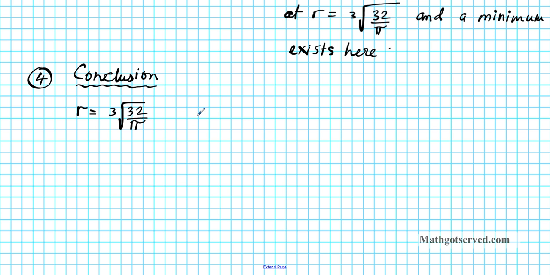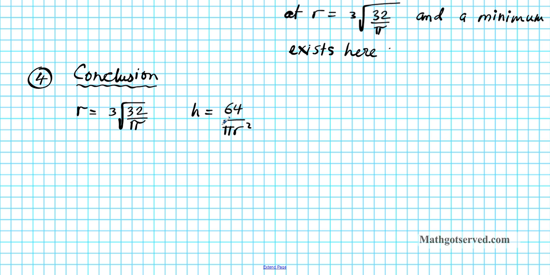And what is the height going to be, though? What is h going to be? We found out earlier in the problem that h was equal to 64 over pi r squared. Remember, that's what we had when we were looking for the constraint function in terms of h.